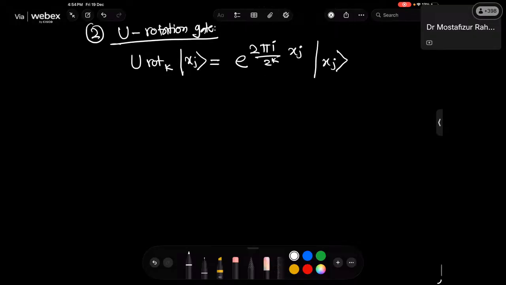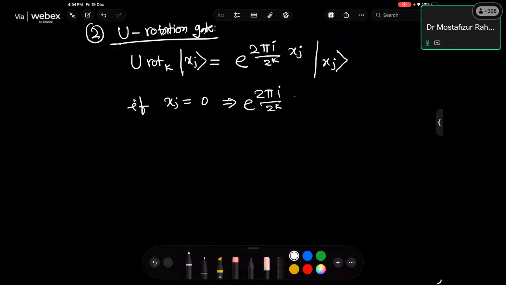What is that? So if xj equals 0, then e to the power 2 pi i by 2 to the power k xj, that is 0 times, ket 0. So it will be ket 0 only, because this entire part, if it is 0, will be 1, and this part will be ket 0 only, right? So 1 times ket 0 is ket 0.